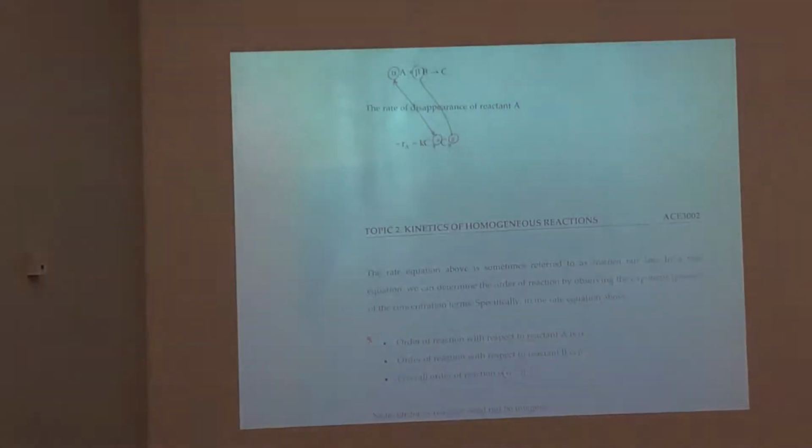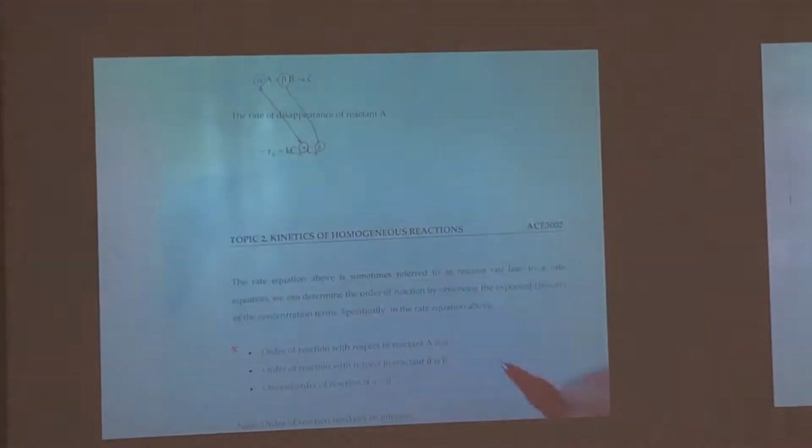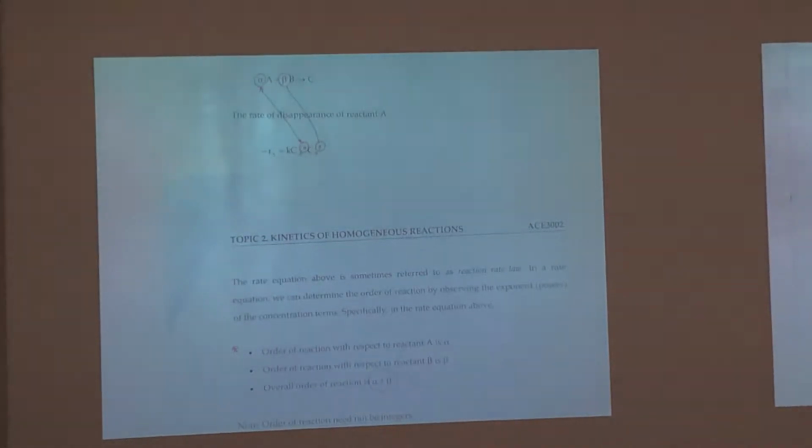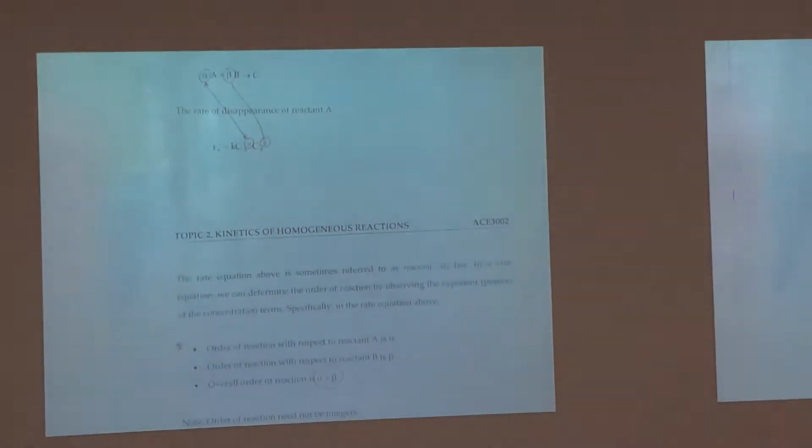Let's say in the future, we give you the equation and ask you to find out the overall order of reaction. And the order of reaction need not be an integer. Alpha and beta are not necessarily integers.